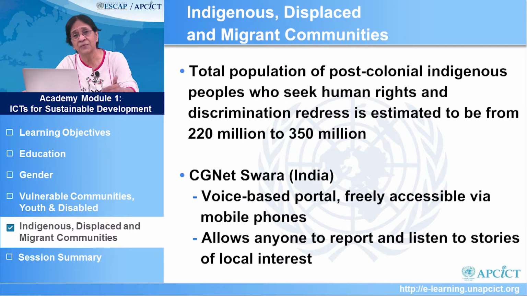One service that I have described in the module is CG Net Swara in India, which uses the mobile phone to receive complaints and grievances from tribals, communicates these to the authorities, and in return informs the aggrieved person of the action that has been taken.